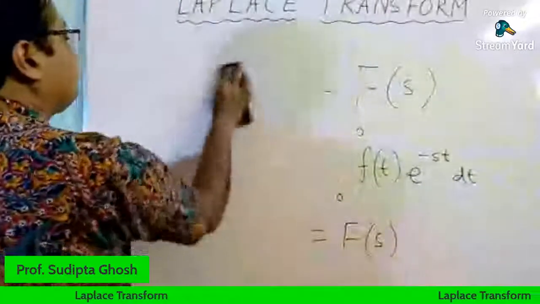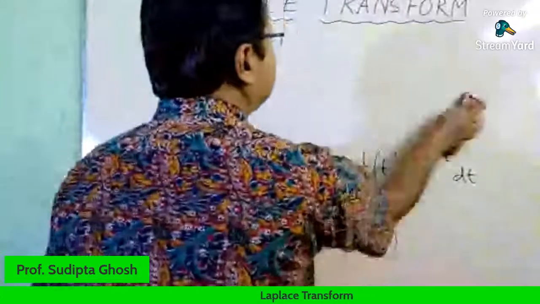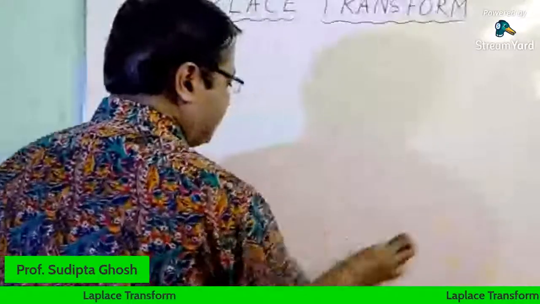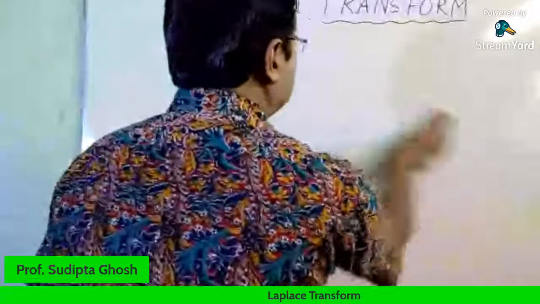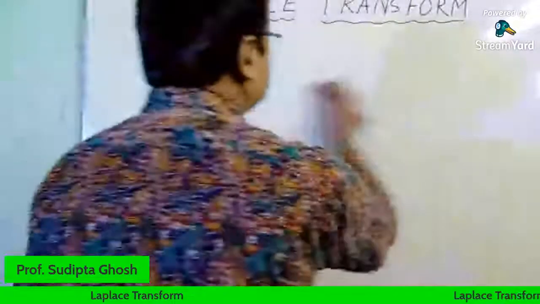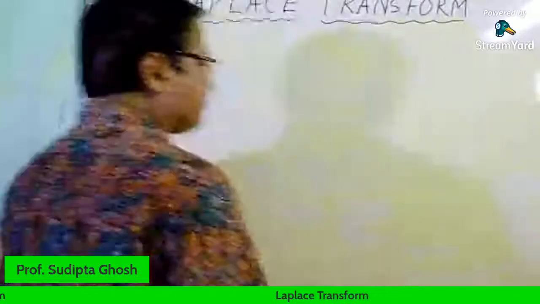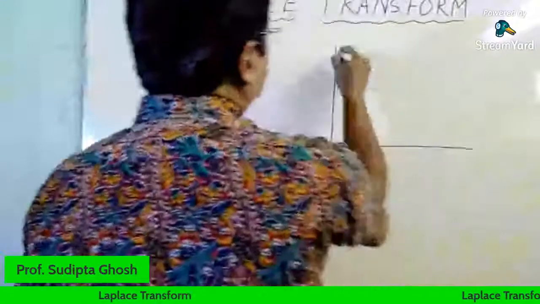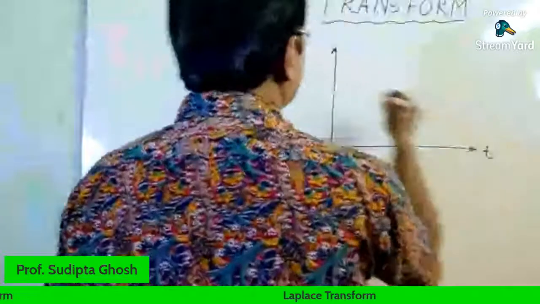First of all, I am taking a function which is known as the unit step function. As the name suggests, it gives us the idea that the mathematical form or the graphical form must be this.